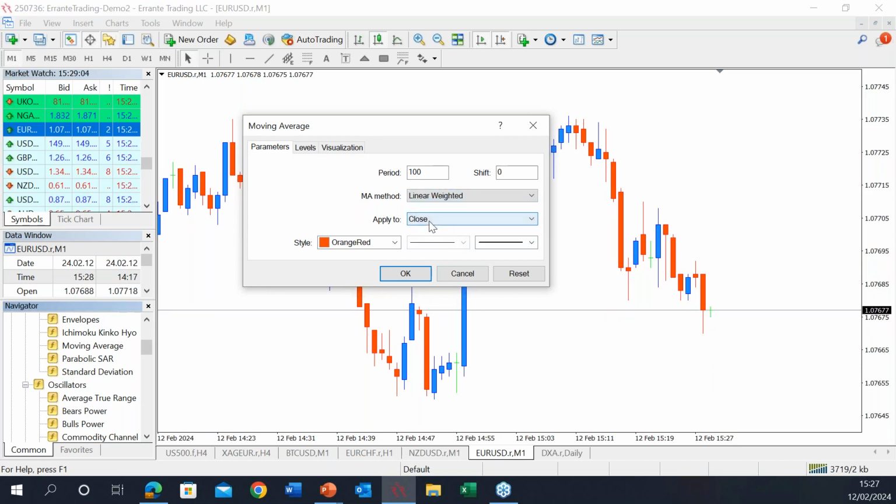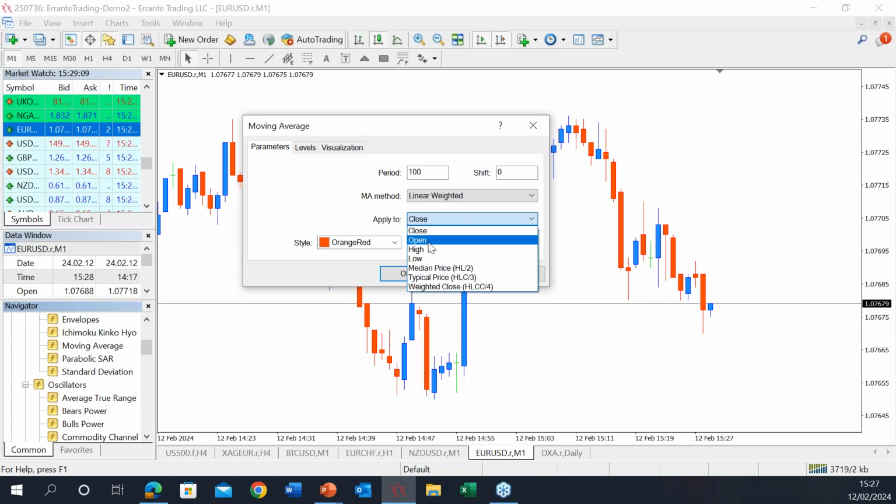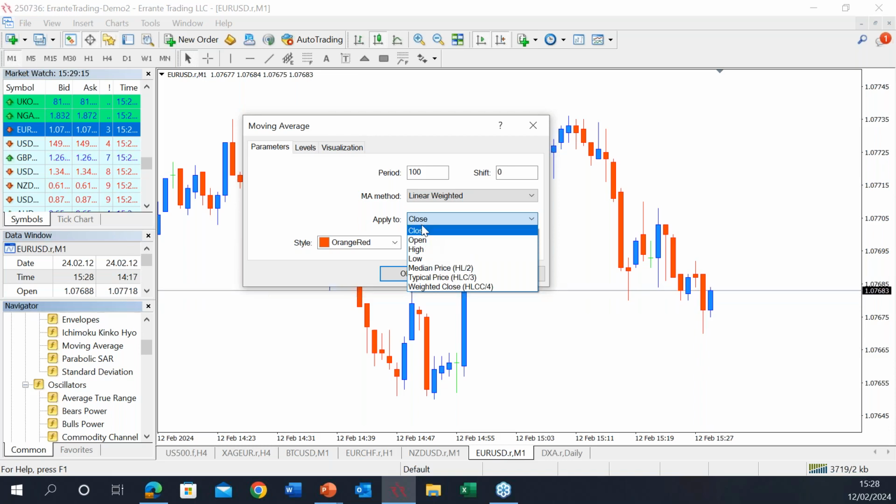And then you can choose the price. The base of your calculation is going to be the data that MT4 is going to use to calculate your moving average. It can be close price, open price, high, low, or median price, etc.